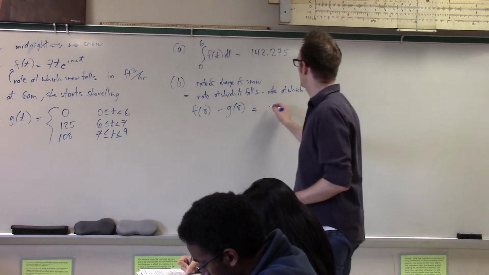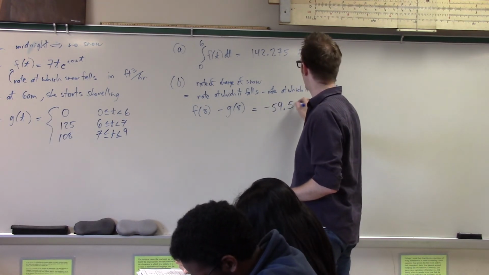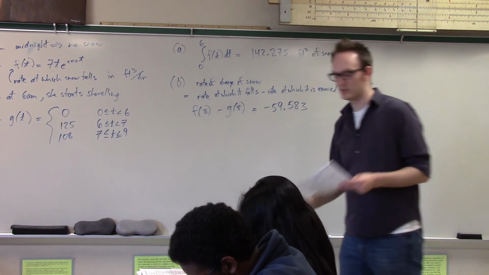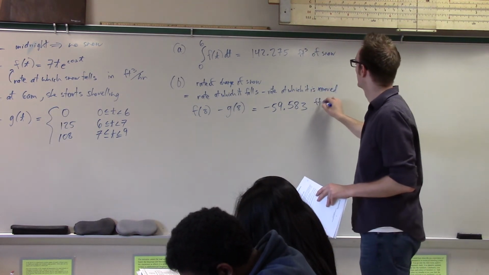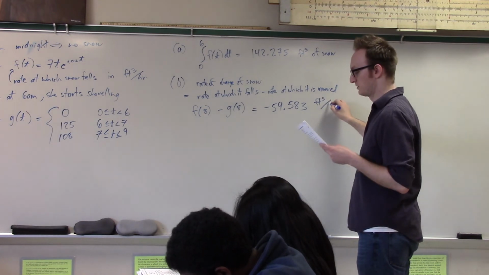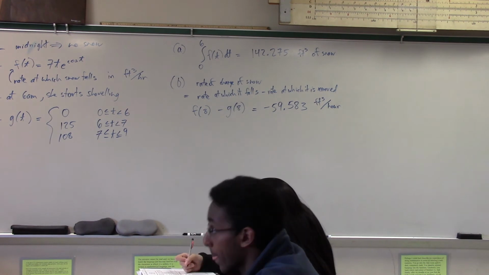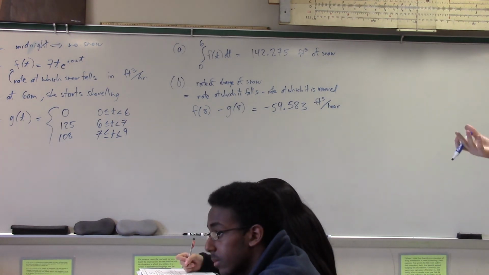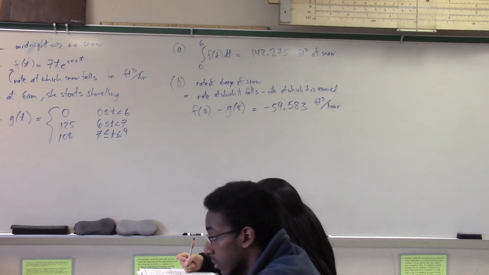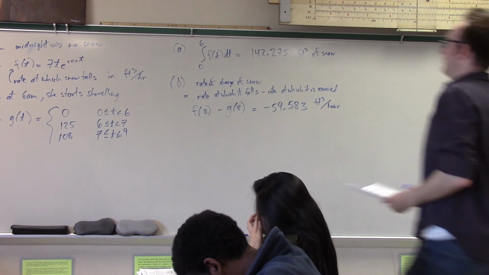So the answer is negative 59.583, and the units are cubic feet per hour. So at time 8, what's happening to the amount of snow on the ground? It's decreasing. She's shoveling faster than the snow is falling, at least at that moment. All right, part C.